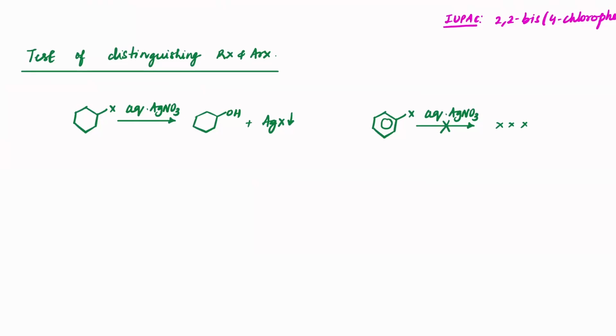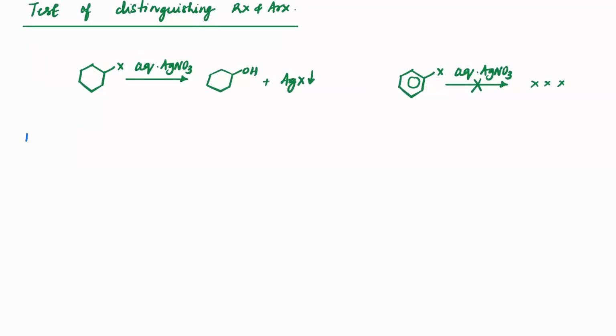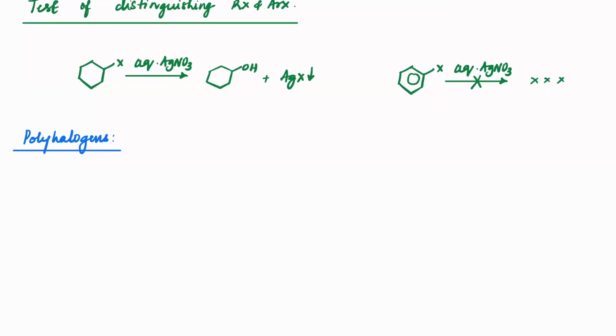I suppose this part is clear, right? The last thing we need to learn about in this topic is polyhalogens. Polyhalogens have one very important mechanism known as the haloform reaction, which will be a part of alkyl halide, aldehyde, as well as ketone.